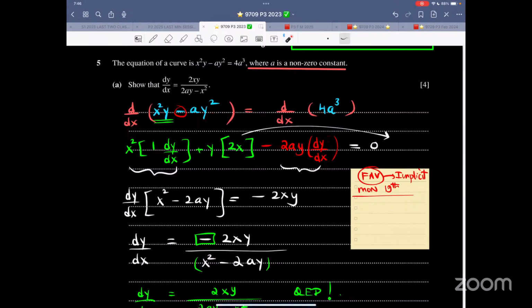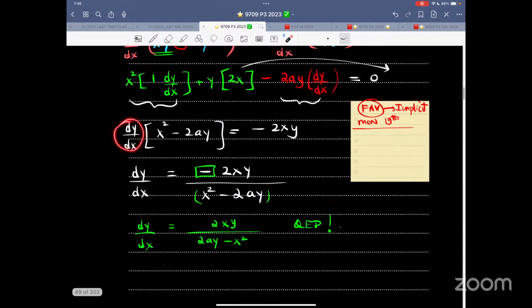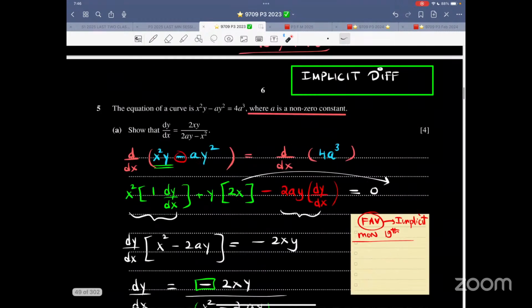That is what we are going to learn at this stage. We don't have to go into some fancy basics. Derivative of a constant is 0. Make dy by dx the subject. You get this thing. When there is a minus at the top, I took a minus common out, cancel off the minus, the sign changes. And that is the first part, because you have to show it exactly like this.